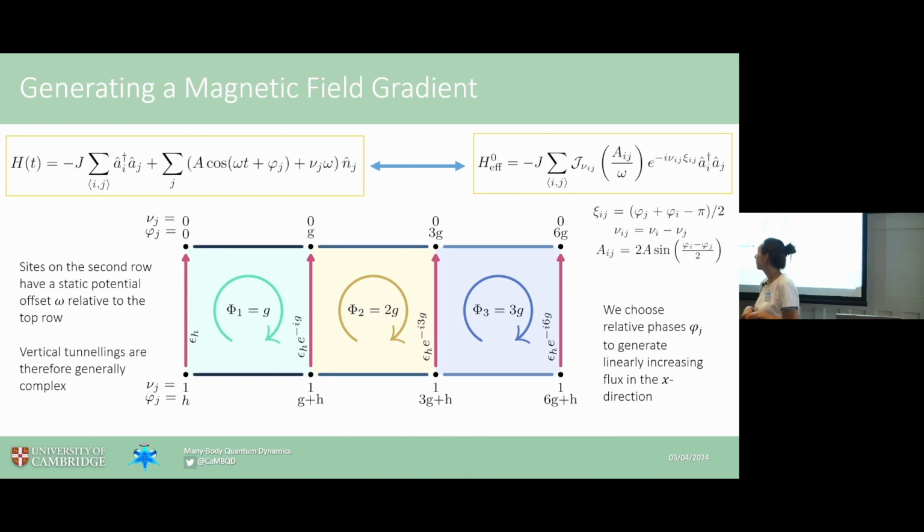Maybe that would work. We have very good control of all of these driving parameters, and we can change them in a time-dependent way. But the effective description comes from what happens over one period.